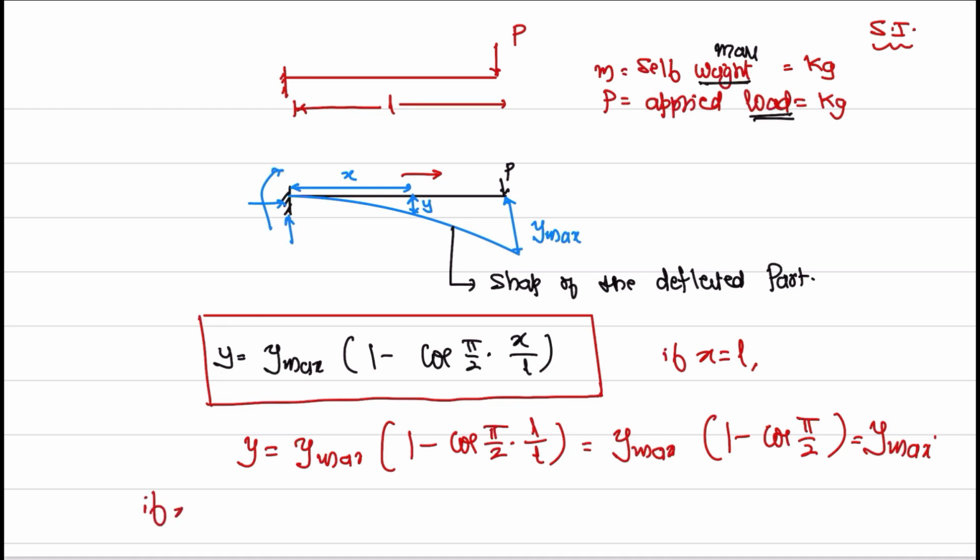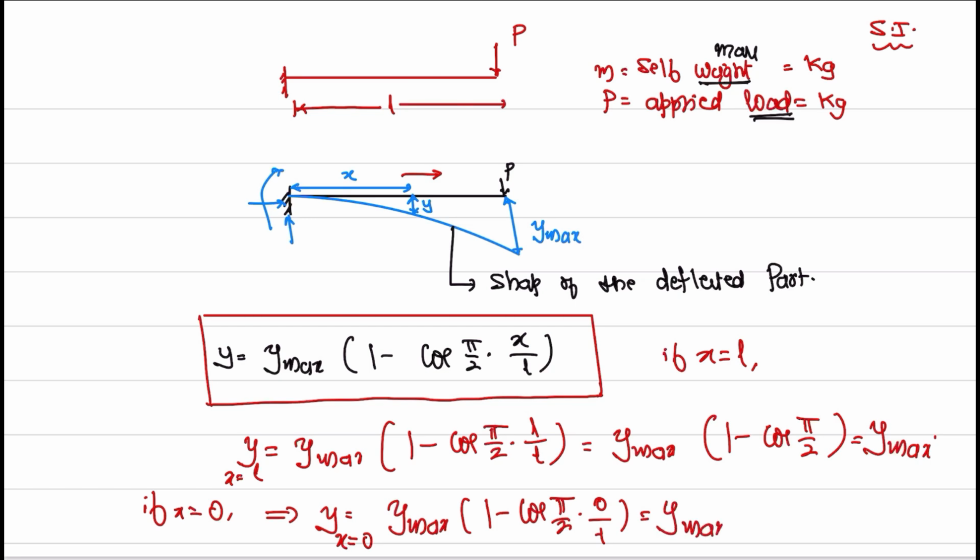If x is equal to 0, what happens? y is equal to y max into 1 minus cos pi by 2 into 0 by L. That is equal to y max into 1 minus cos 0. What is the value of cos 0?